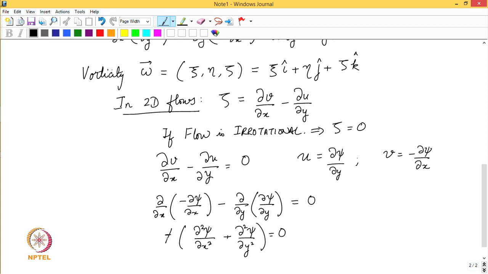Well, the negative sign is immaterial, so let me just cancel it off. So, what we get is in 2D flows del square psi is 0 if the flow is irrotational.